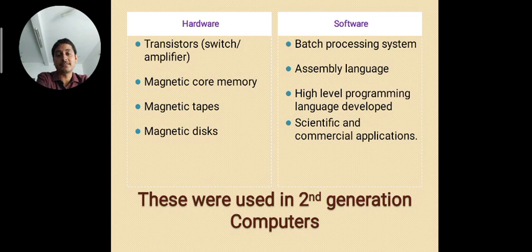I think this is my correlation, because the batch processing system was first invented in second generation computers. Then assembly language replaced machine language. It was also not user friendly, but it was a little bit easier than machine language.